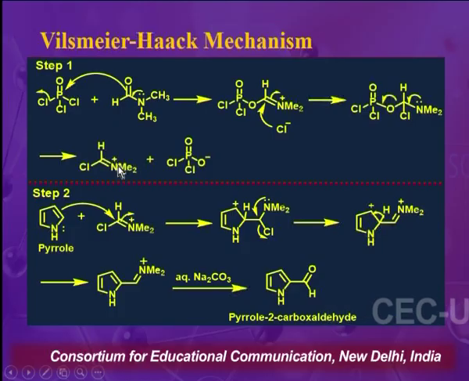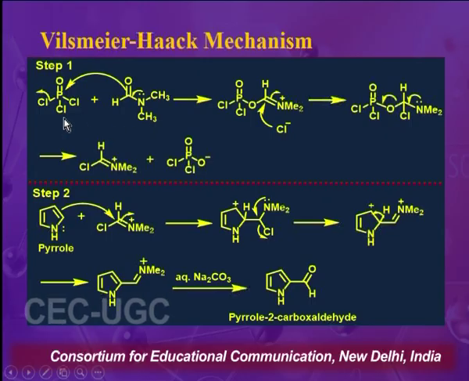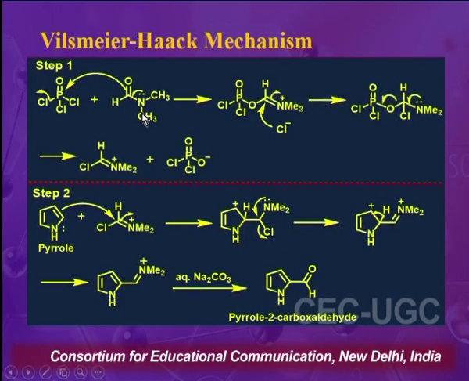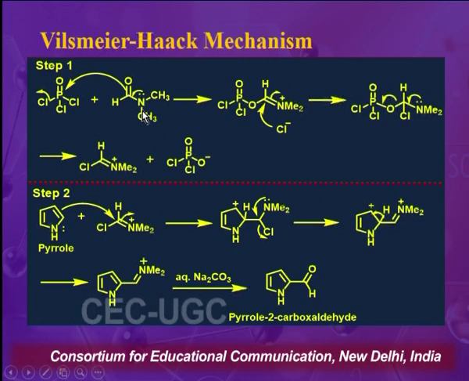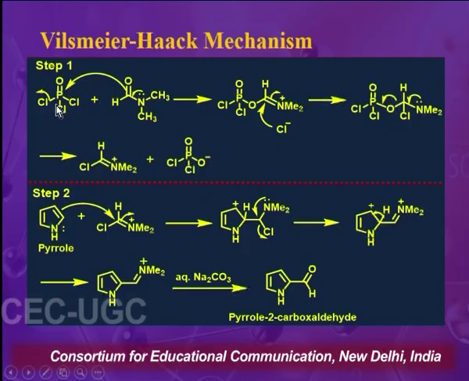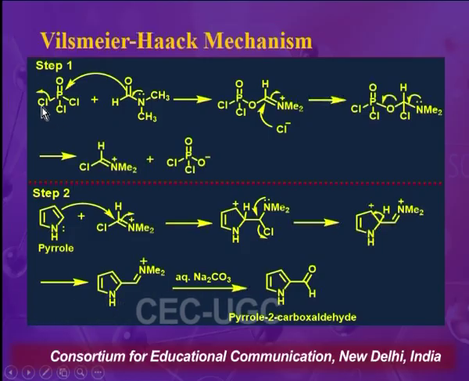This intermediate is generated by the reaction between phosphorus oxychloride and N,N-dimethylformamide. What is happening here is that the lone pair on nitrogen will shift between carbon and nitrogen, and the pi electrons of oxygen will attack phosphorus, and there will be elimination of chloride ion.